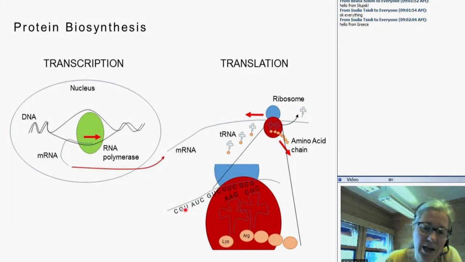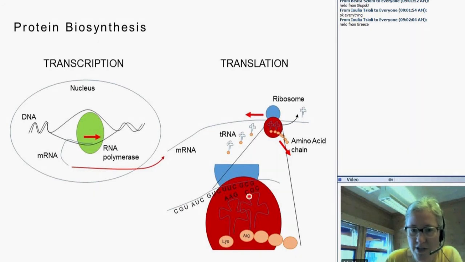So the information contained in the DNA consists of the sequence of 3 letters, really. And these 3-letter combinations are called codons because they code for a specific amino acid. Here, for example, AAG codes for an amino acid called lysine, and is attached here.